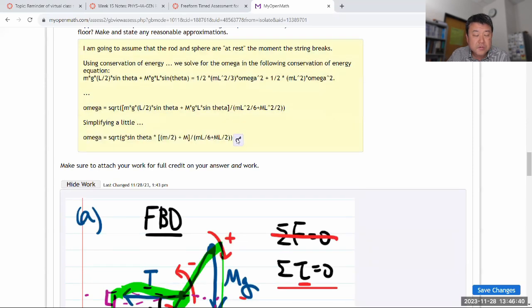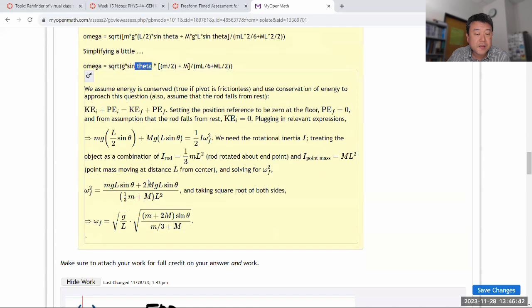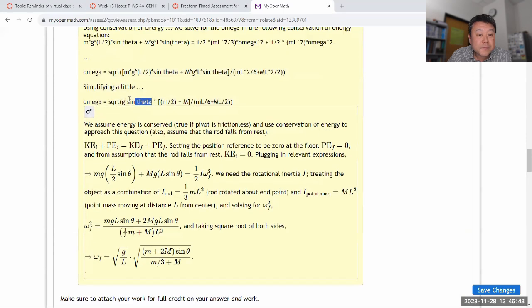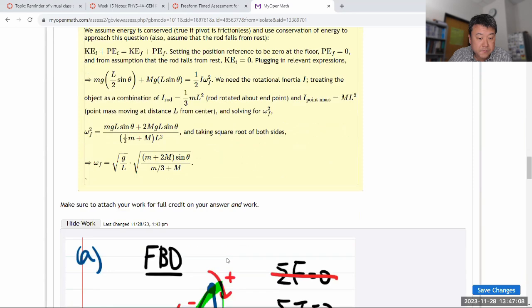Yeah, so the solution probably plugs in the value of theta, or not. So square root of g over, oh yeah, I could have factored the L out of the denominator. Yeah, square root of g over L times the numerator. So I think in this version here, multiply top and bottom by 2 to get 2m there, and sine theta is stuck with that, and m over 3 plus, yeah, I think that looks right.